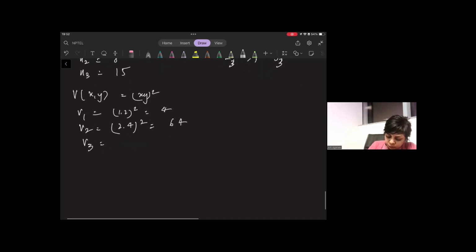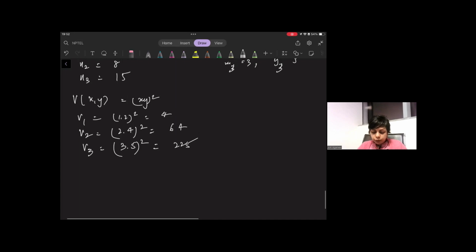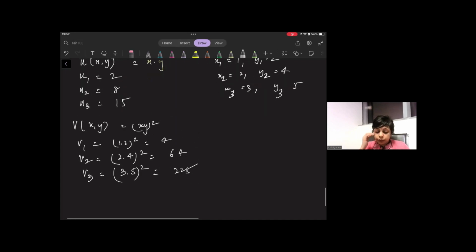V3 is 3 into 5 whole square, 15 square, which is 225, right? The values have obviously changed, but is there any difference in ranking between U1, U2, U3 and V1, V2, V3? Is the ordering the same or is it different? It's the same, right? Yes.